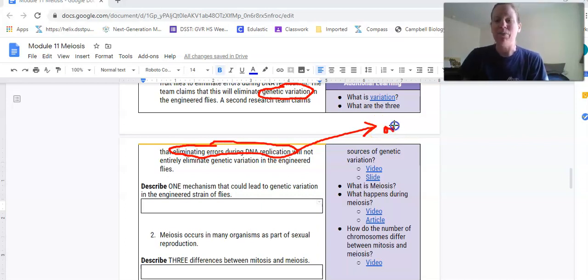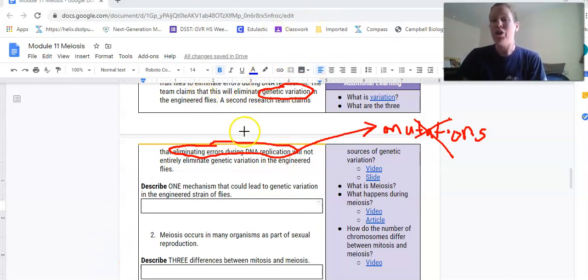Yes, you all yelled out mutations. Mutations cause variation, and they do, because they give us those new sequences. But we can't say mutations because it says we've eliminated errors in DNA. So then what is another mechanism?